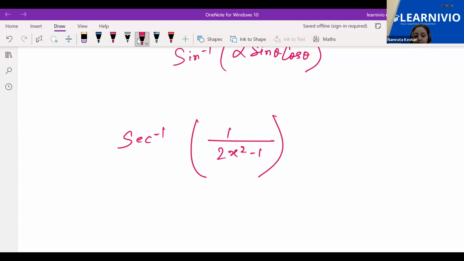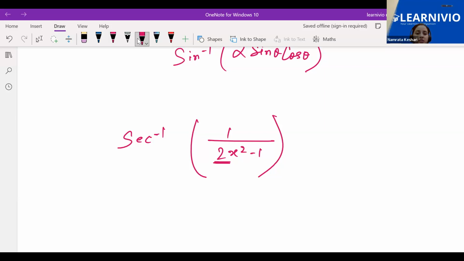Tan. Can we take tan, will it work? 2 tan square. This 2, if 2 will not be there, then we could have done anything. But here this 2 is there. Even if we take sine, 2 sine square theta, no. If we take cos, 2 cos square theta, is there any formula?